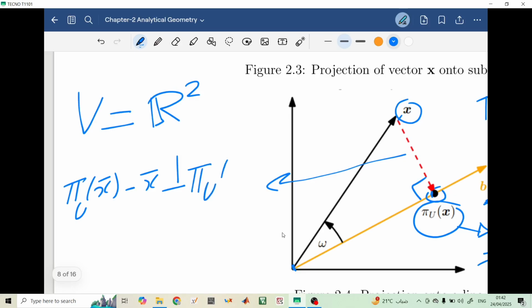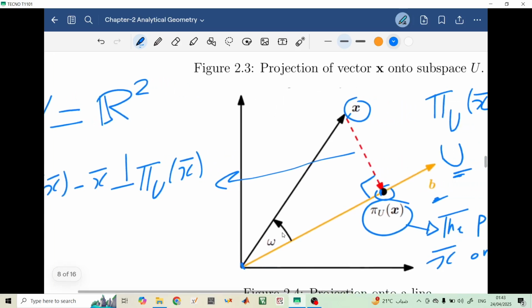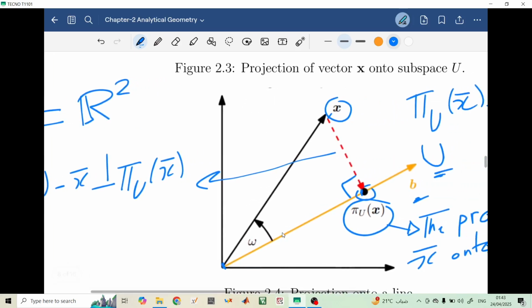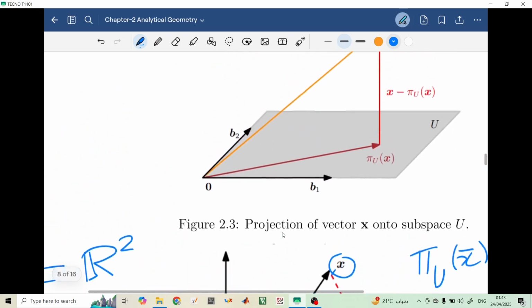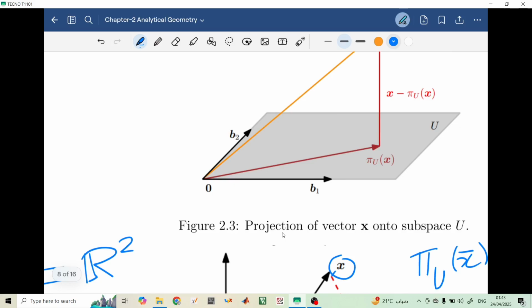So this is a very useful fact, and you should note that this fact also applies to multi-dimensional cases, so not only for when u is just a line. u can be anything. For example, in this case when you have a two-dimensional subspace, we have a right angle here.